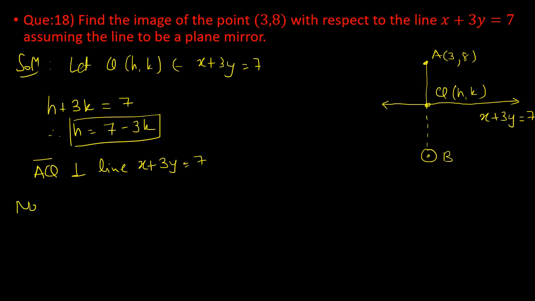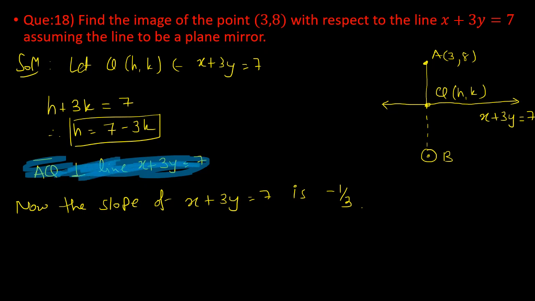Now the slope of x plus 3y is equal to 7 is, according to minus a by b, minus 1 by 3.